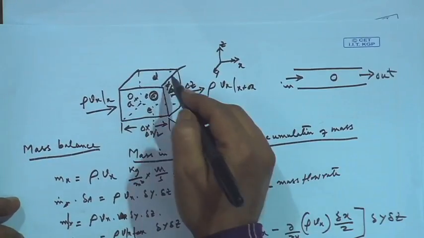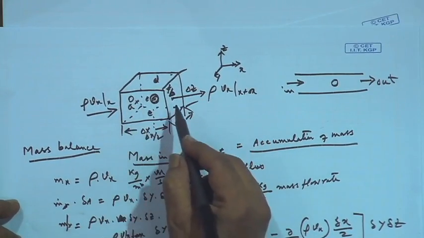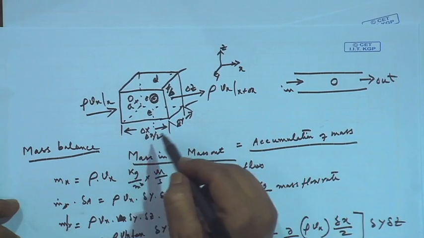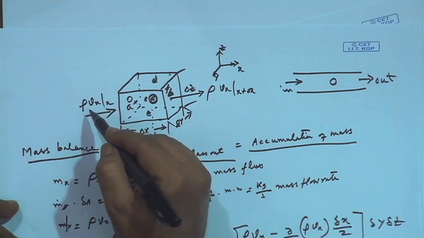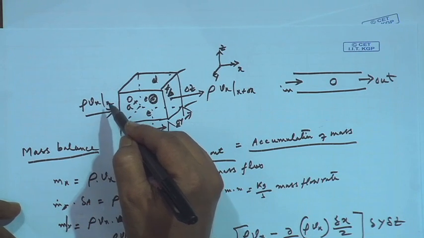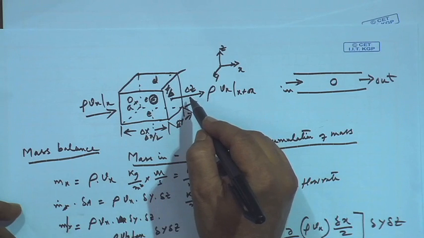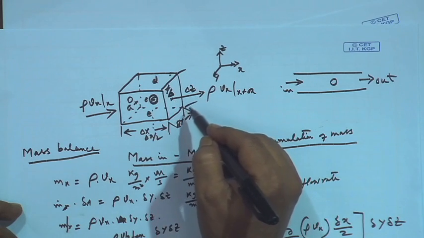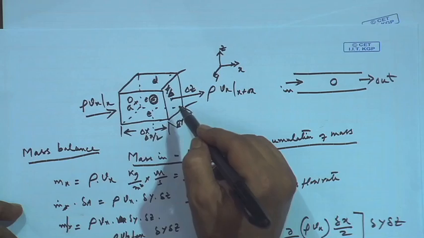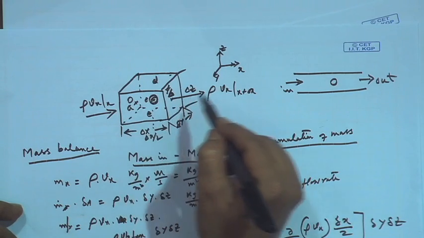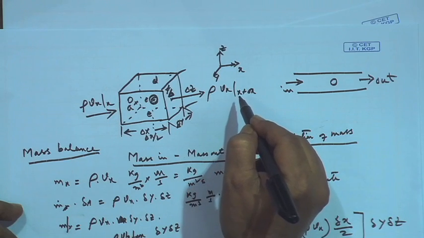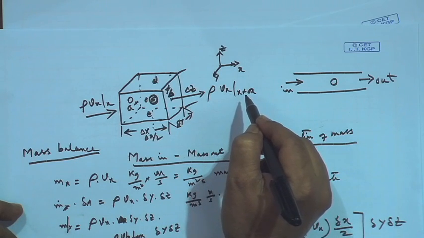And in that, if you remember, we had taken a volume element of ∂x, ∂y and ∂z. We said that at the face A, ρVx is coming in at the face x, and at the face B, at x plus Δx distance from x, the mass flow rate is ρVx at the face x plus Δx.